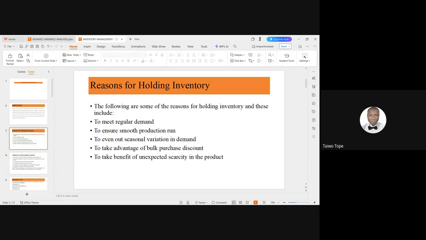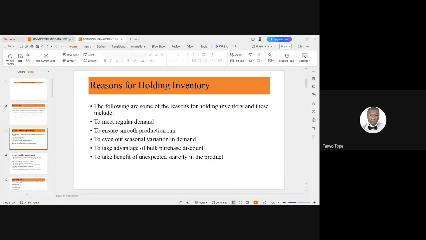So based on trend analysis, you should be able to identify that at this point during the year, there will be a shortage of this raw material. What should we do as an organization to ensure that we have all year round production? It is based on our inventory management policy.